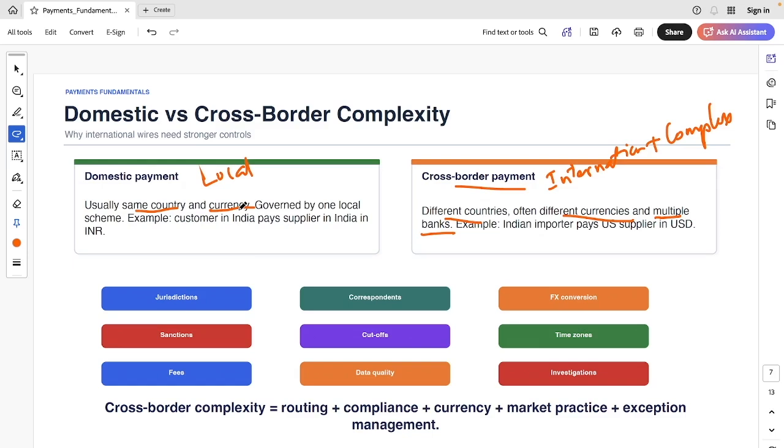So, cross-border complexity comes from many layers. It could come through jurisdictions, correspondent relationships, foreign exchange conversions, sanctions, cutoffs, the time zones, the fees involved, the data quality, and the investigation.